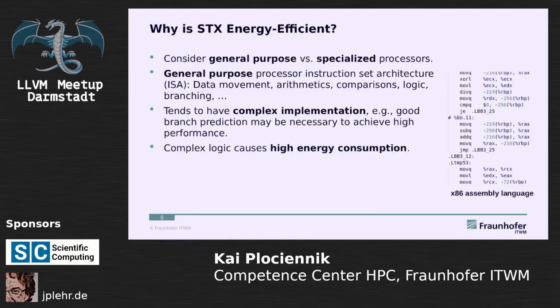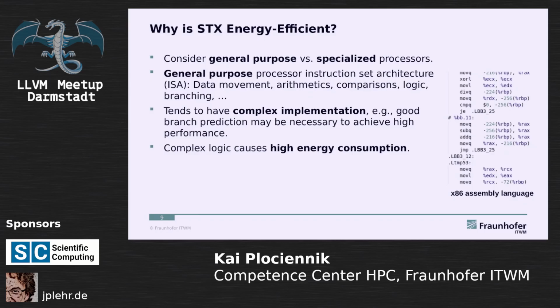So why is our accelerator energy efficient? Let's consider general purpose processors versus specialized processors. On the right-hand side, you see an example of x86 assembly language. That's a general purpose architecture. And you have lots of different instructions there, like data movements, doing arithmetics, comparing things, doing logic, branching, and so on.